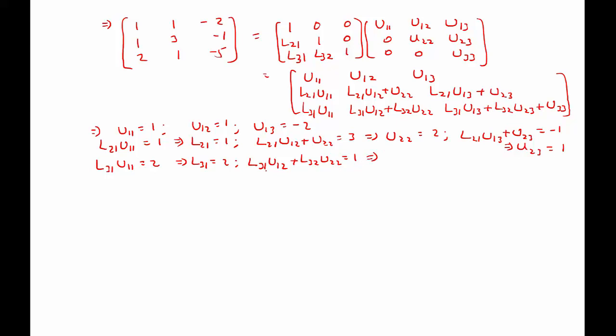From this, the value is L31 into u21, u12 is 2. L32 we don't know, u22 value is 2.